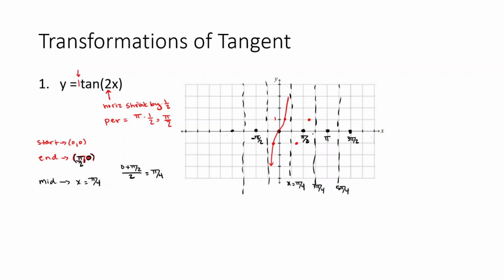It increases towards the asymptotes on the right. And I can graph as many cycles as I choose to.